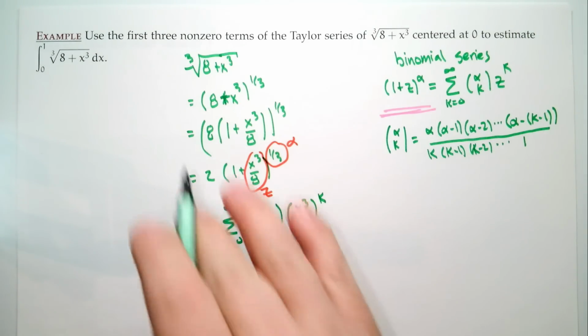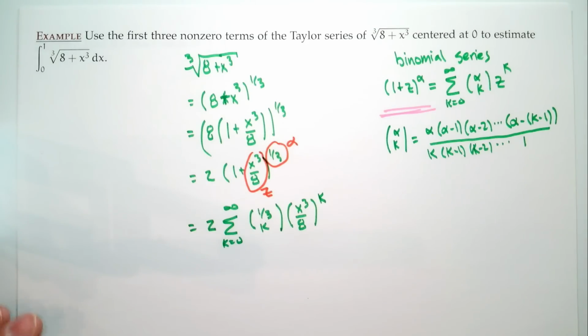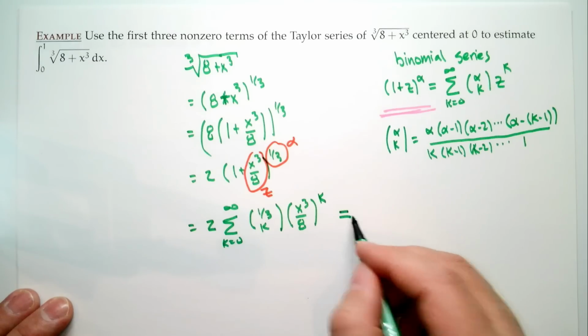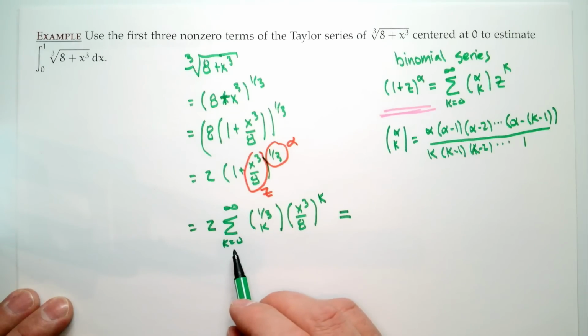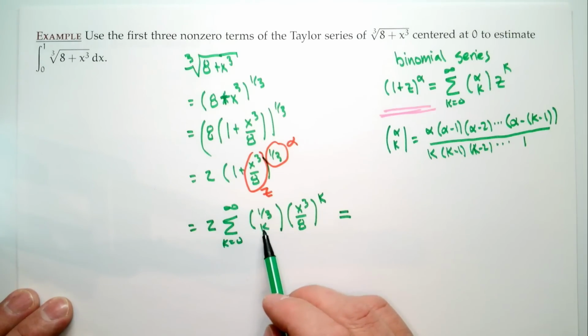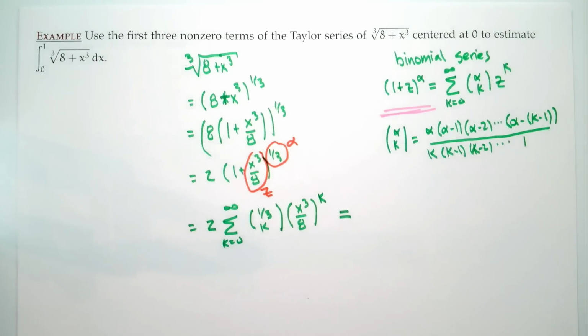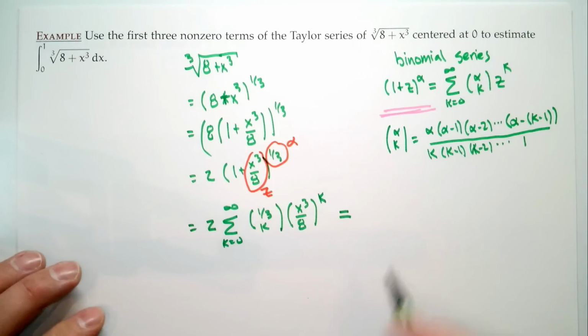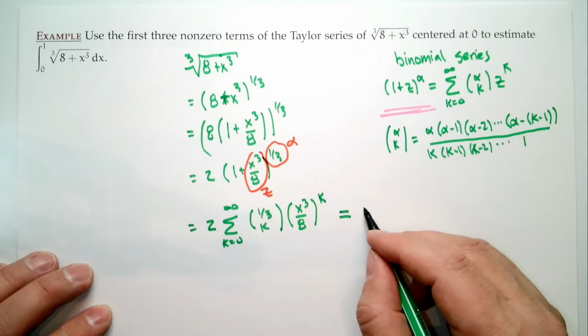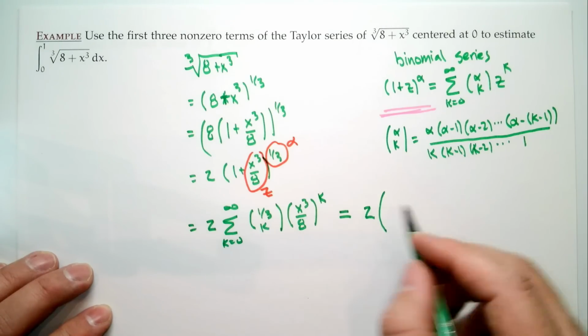Well, I want to find the first 3 non-zero terms. So I just start plugging in. Plug in k equals 0: 1/3 choose 0. I don't do any multiplying, and if you don't do any multiplying, you get 1. It's called the empty product. I'm going to have the 2 on the outside, so this will be 1.